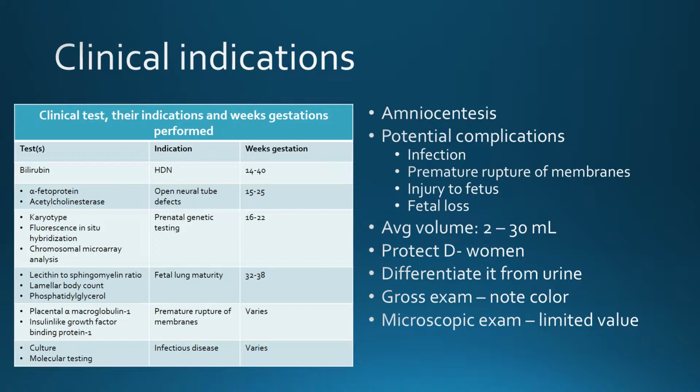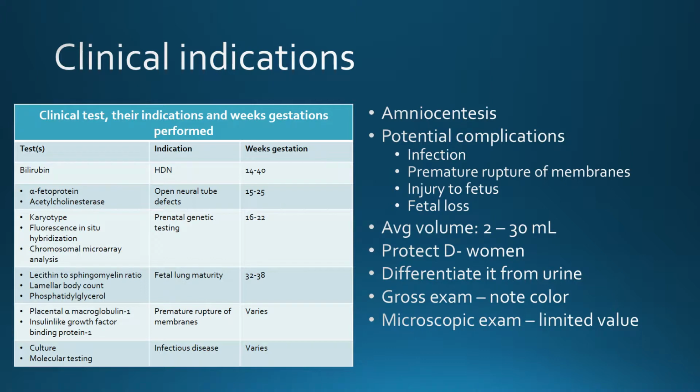For our purposes in the clinical laboratory, one of the reasons that we would collect amniotic fluid is to determine fetal lung maturity. In a high-risk pregnancy, when you want to see how far along those fetal lungs are, to see if maybe it's okay to undergo cesarean and end the pregnancy, you determine if the fetal lungs can take the stress.